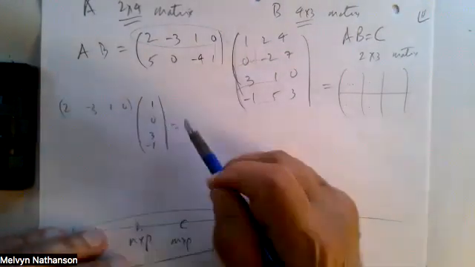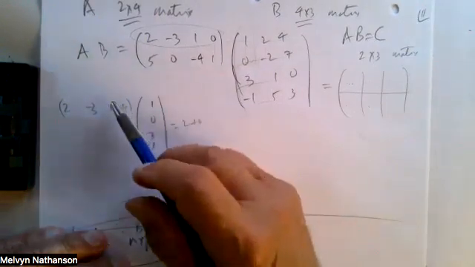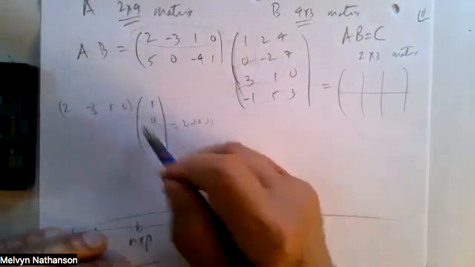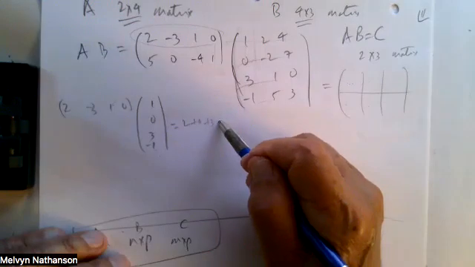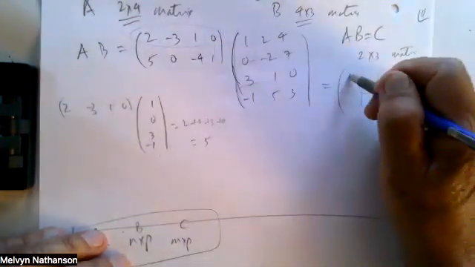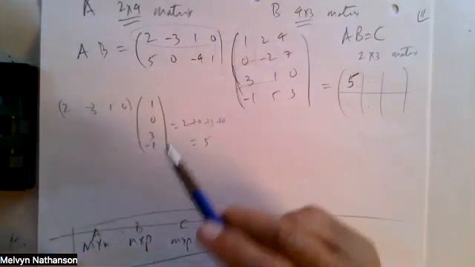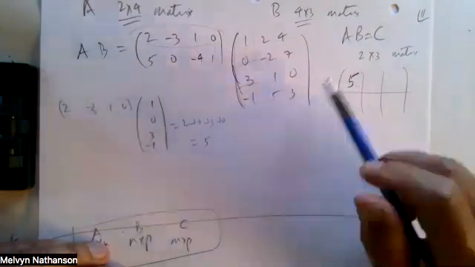I get 2 times 1 plus minus 3 times 0 plus 1 times 3 plus 0 times minus 1, which is 5. So I get a 5 here. I multiply the row into the column, I get 5.